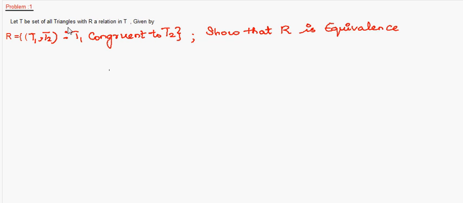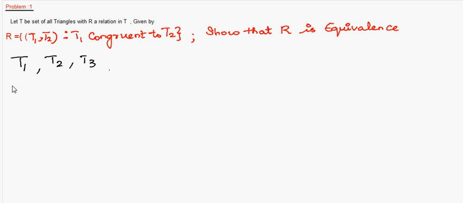Let T be the set of all triangles with a relation R given as (T1, T2) such that T1 is congruent to T2. So let's take an example. We'll select some similar triangles: T1, T2, T3.